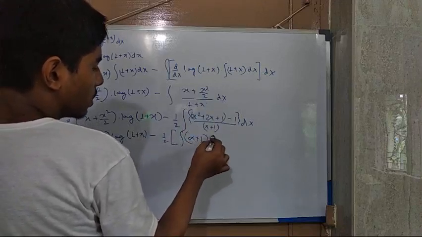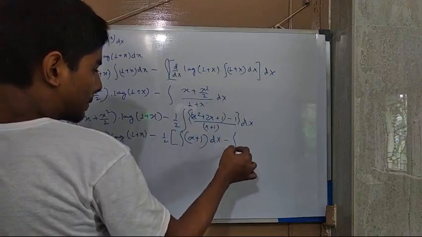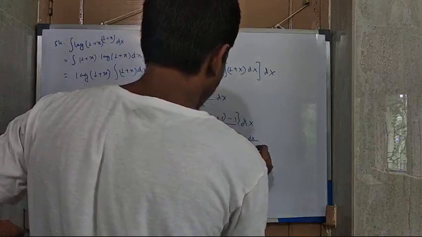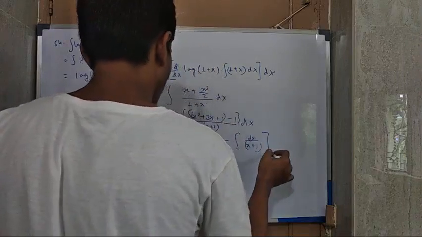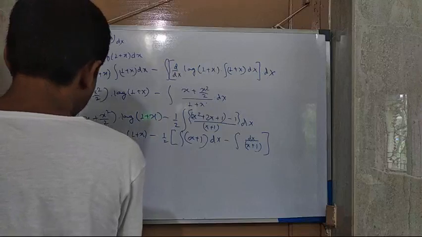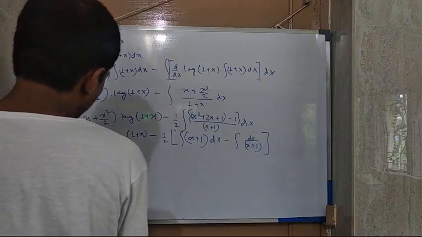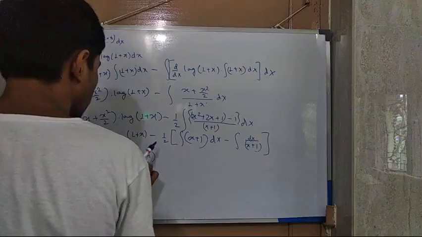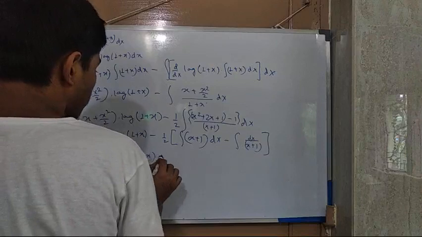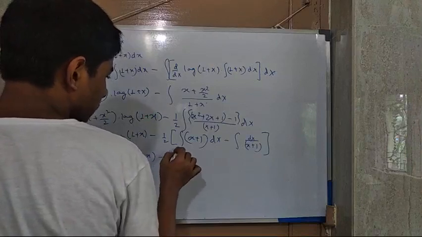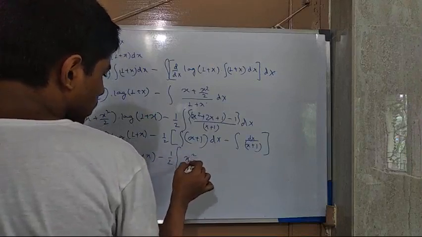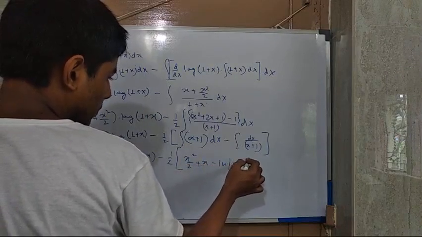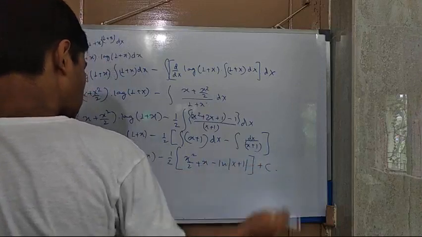So it is integral of x plus 1 dx minus integral 1 dx by x plus 1. So this is x plus x squared by 2 times log of 1 plus x minus half, this is x squared by 2 plus x minus ln of x plus 1, plus c.